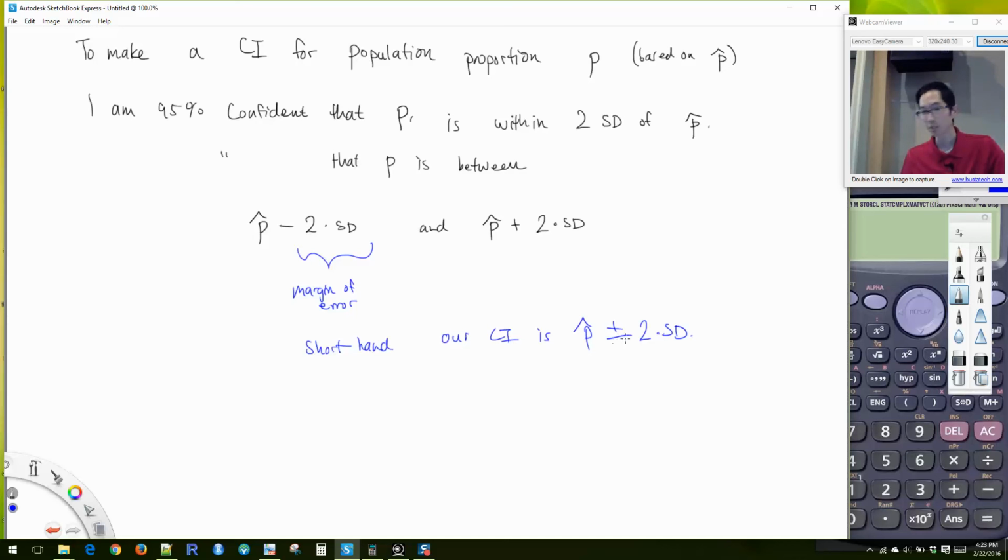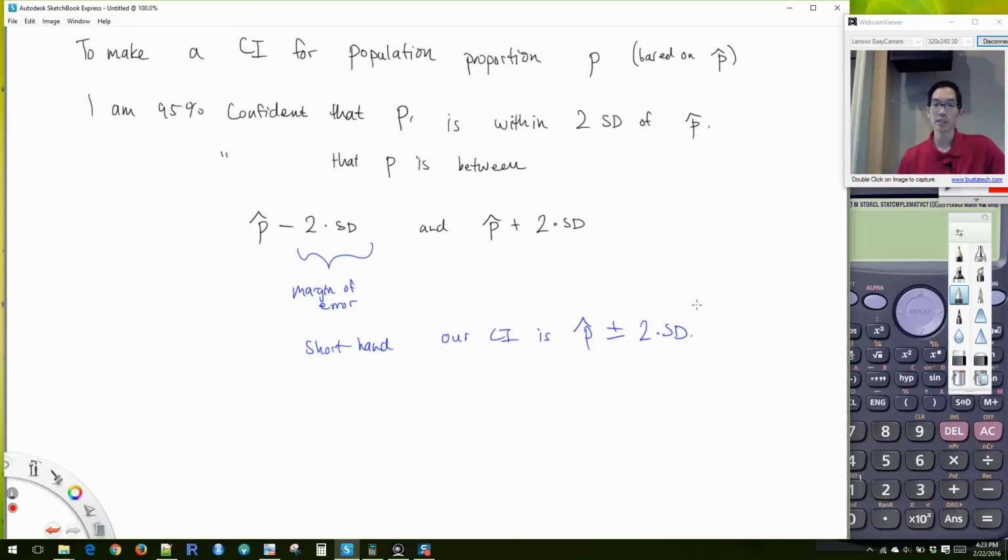We just combine both of these and write plus or minus. But when we see plus or minus here, this effectively means p hat minus 2 standard deviations on one end, and p hat plus 2 standard deviations on the other end. So don't let that throw you off.